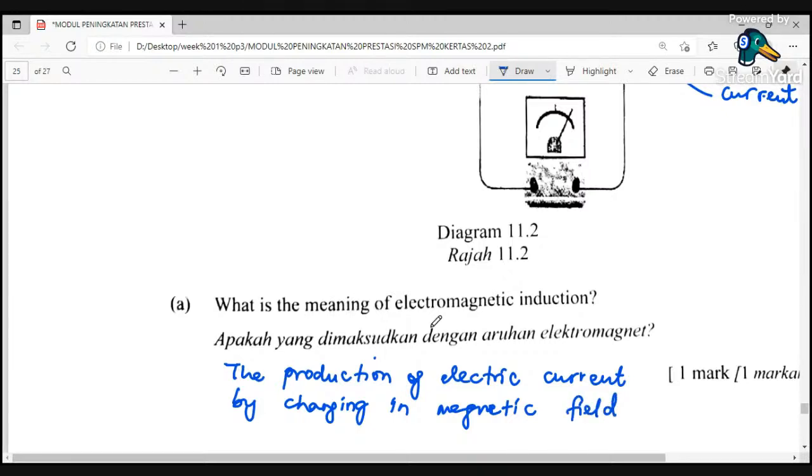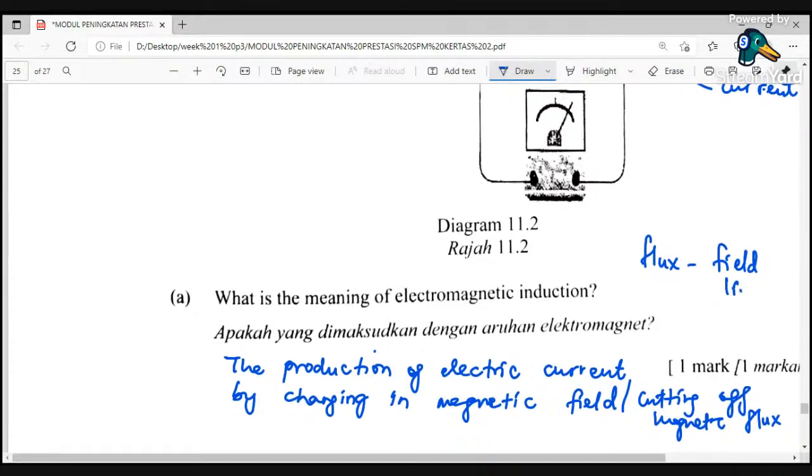Okay. Ataupun cutting pun boleh, cutting of magnetic flux. Kalau sebut flux tu maksudnya field lines lah. Garis-garis gaya, garis-garis medan, like that lah, field lines. Garis medan ni. Okay.